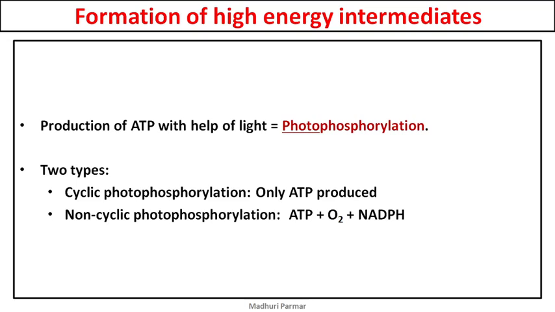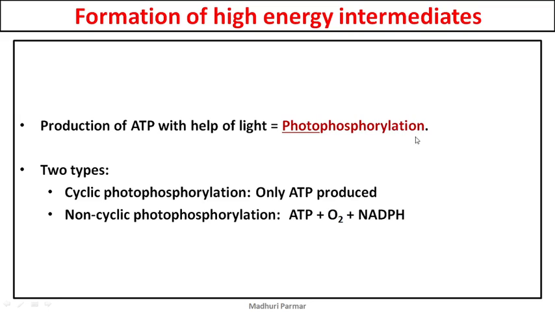And then there is oxidative phosphorylation, which we shall see after aerobic respiration in the next chapter. In this chapter we are focusing on photophosphorylation, which is nothing but phosphorylation in presence of light.